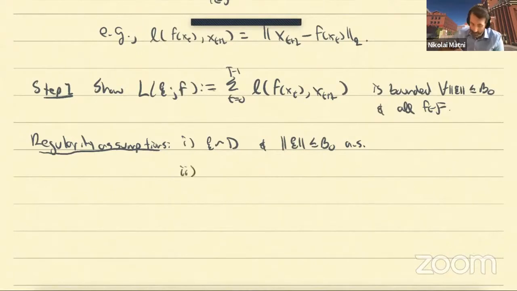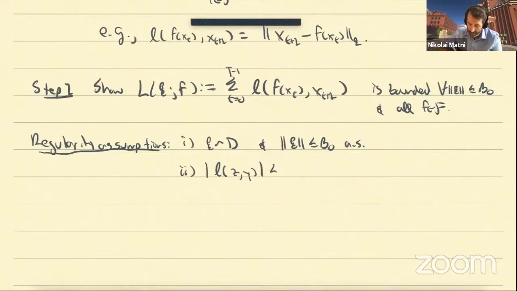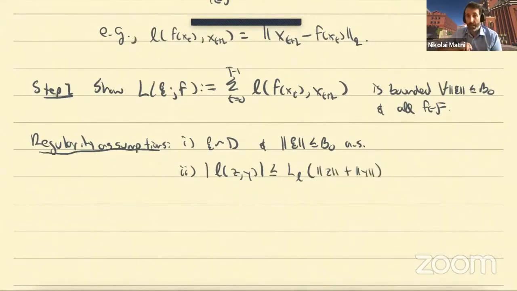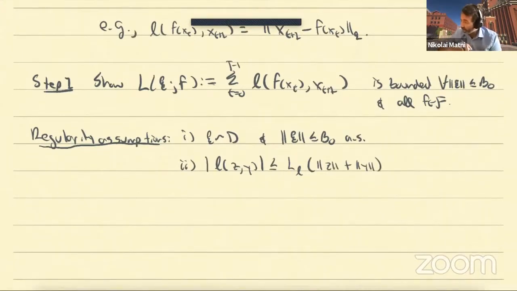I'm also going to make the assumption that this little loss function is Lipschitz in its 2 arguments. You can generalize this, but this is all we'll need here. We'll call that Lipschitz constant L_ℓ. I'm going to assume that this loss function satisfies that property.